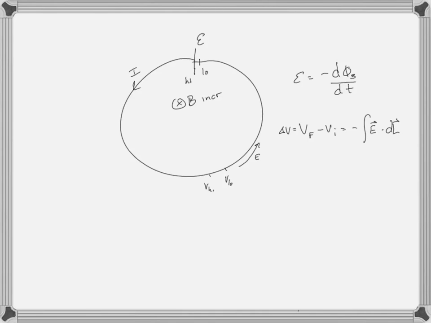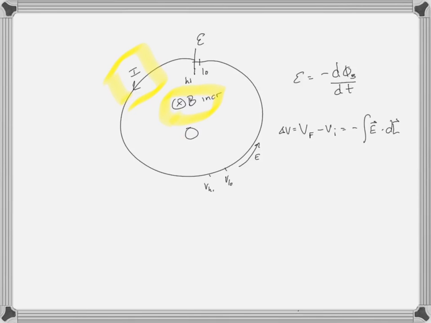Imagine here I've got the loop, which is the black circle, and the magnetic field in the middle, which is increasing. We're inducing a current in that loop in the direction such that the induced current has a magnetic field that points opposite to the field that created it. So the induced magnetic field points out of the page.